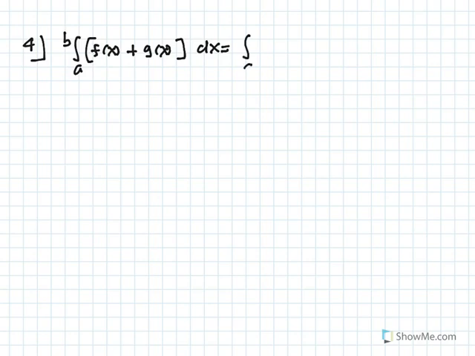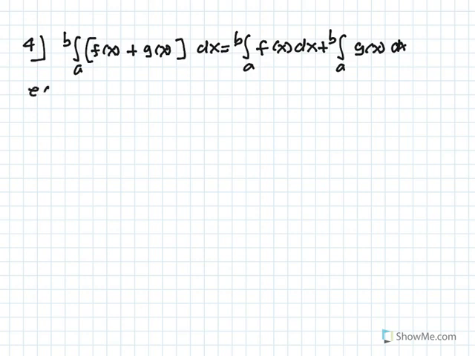All right, let's look at property number 4. Here we have the integral of a sum is the sum of the integrals. The integral from a to b of f of x plus g of x dx is equal to the integral from a to b of f of x dx plus the integral from a to b of g of x dx.